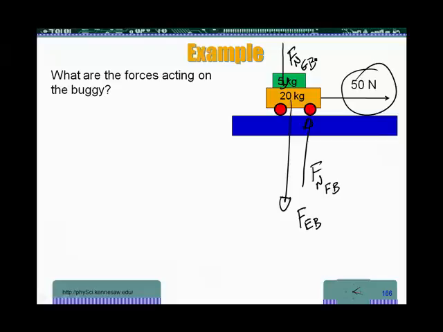And then we discussed the friction force that the buggy exerts on the green crate. So the reaction to that one is the friction force that the green crate exerts on the buggy. These are the 5 forces acting on the buggy.